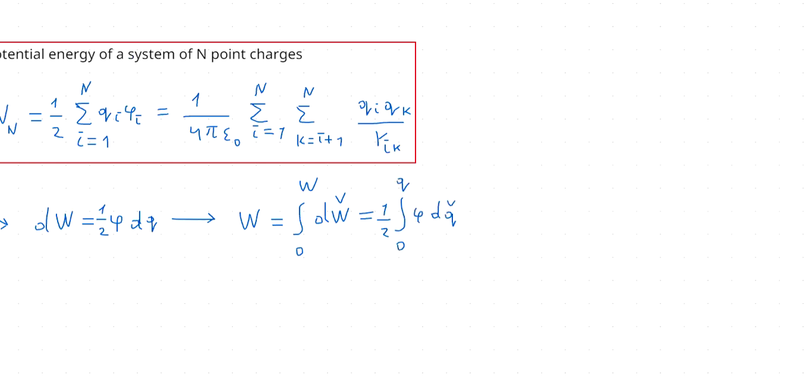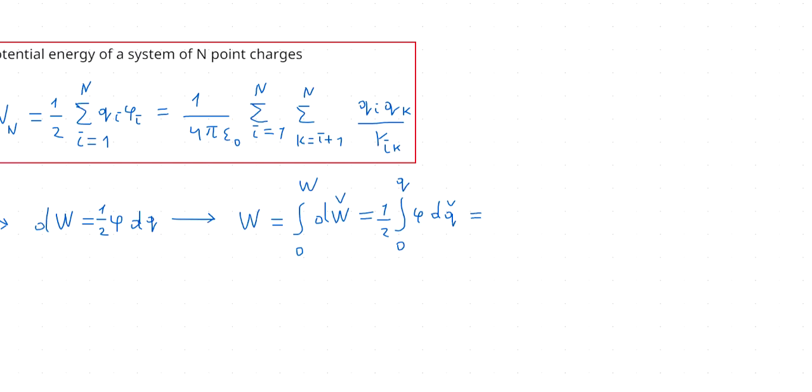So from here, what do we have? How to calculate this integral? It is necessary to remember that the surface of a conductor is an equipotential surface, so any point of the conductor has the same potential. So the electrostatic potential phi doesn't depend on dq. It means that phi may be written outside of the integral.